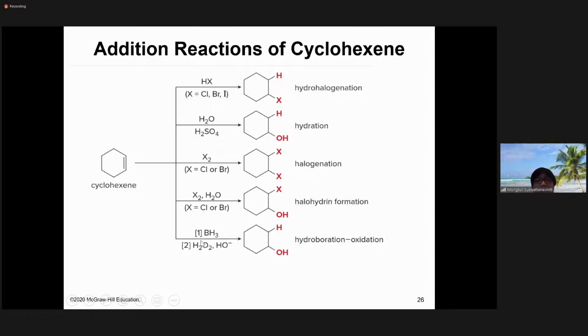So actually this last reaction gives the same product as the second reaction here, hydration. But in detail, when we study these reactions one by one, which I'll talk about later, you will see that the stereochemistry and regioselectivity will be different, okay?